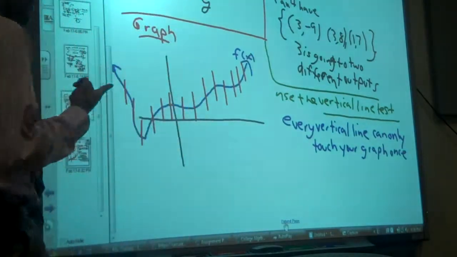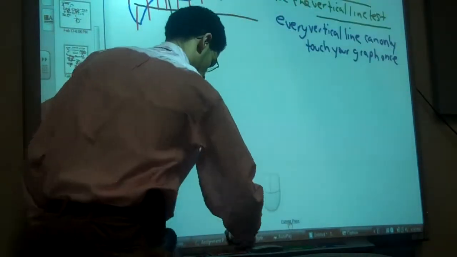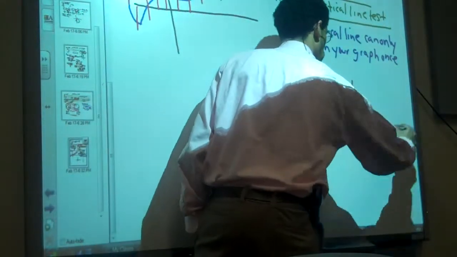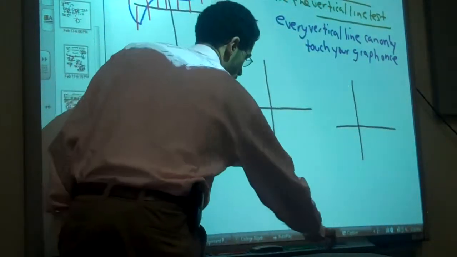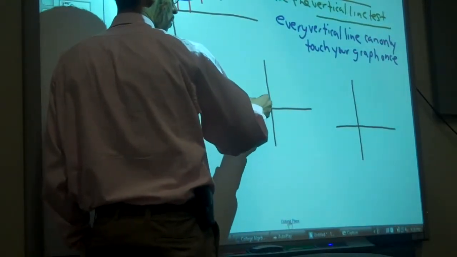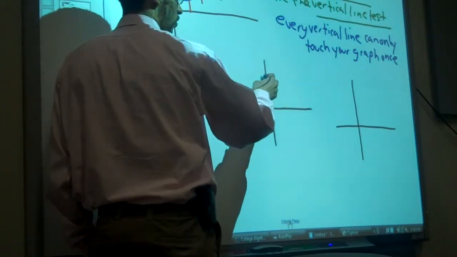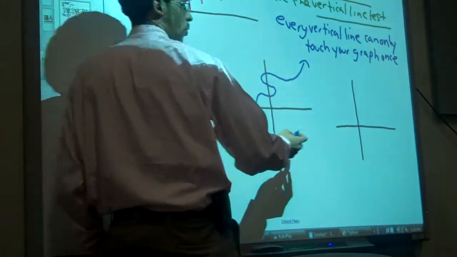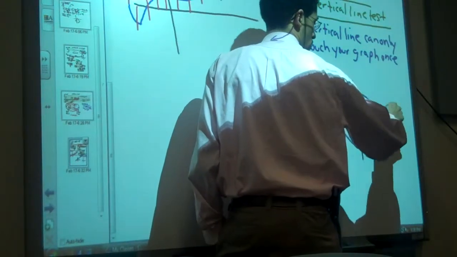So what does it look like when that fails? It might be going well at first, but maybe the function doubles back or something like that. Or a circle. That doesn't work.